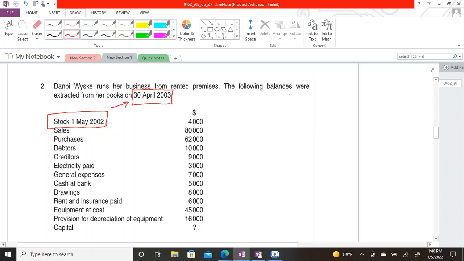rules for the trial balance, that who will be debit and who will be credit. So assets, whether they are fixed assets or current assets, they are debit. Fixed assets, they are also called as non-current assets. All expenses of the business are debit.